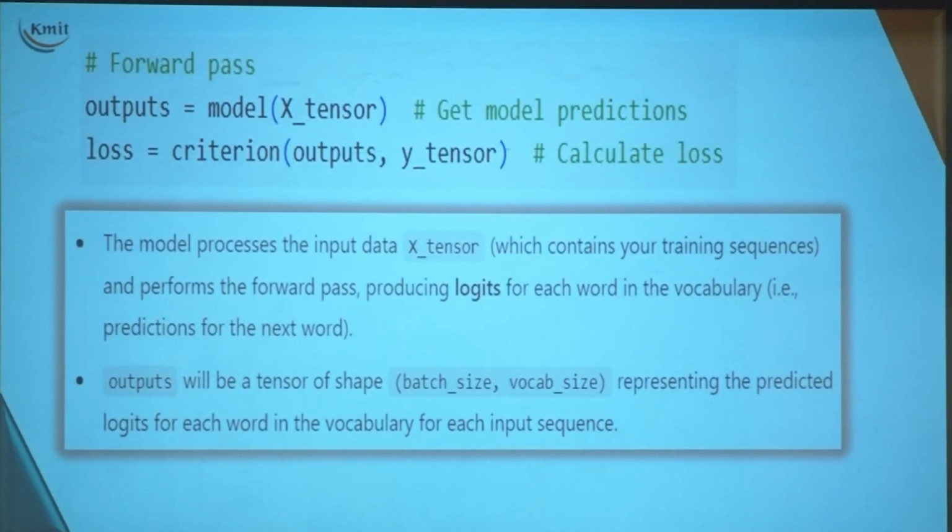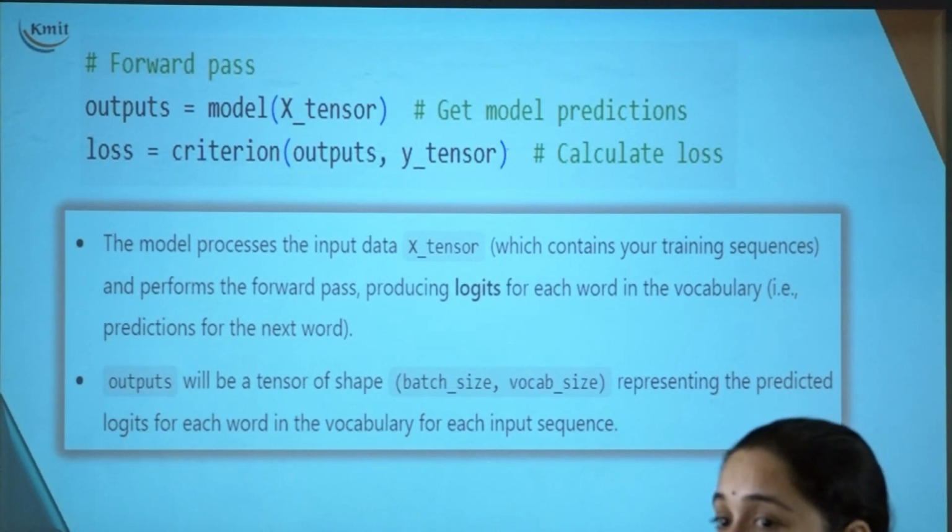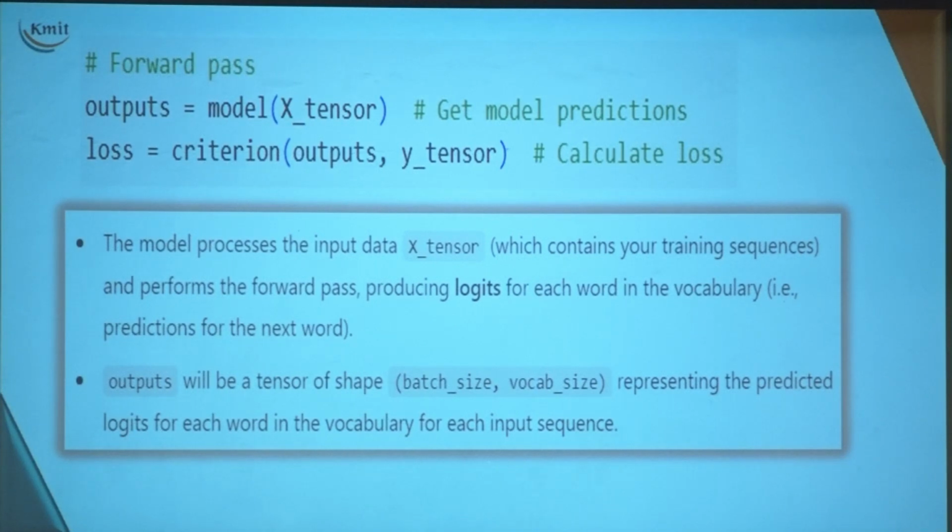In the forward pass, taking the model, passing tensor X that we have created, storing the outputs, and checking for loss, calculating the loss using criterion, outputs, Y tensor. In criterion we have defined our loss functions, so that's what I am calling here and generating my loss.